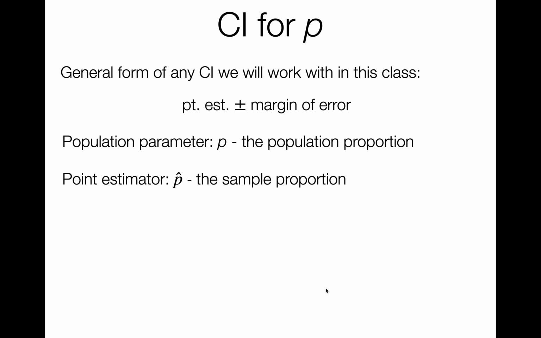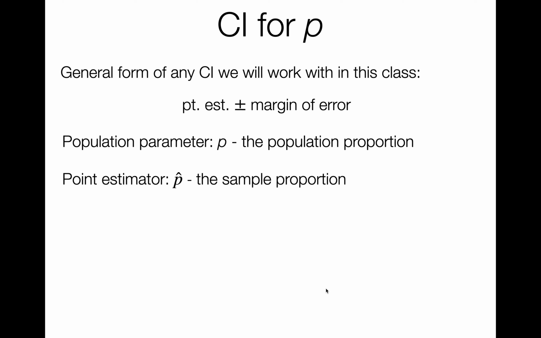The point estimator that we're going to use to estimate P, the population proportion, is P hat, the sample proportion. Hopefully that's pretty self-explanatory. We're going to use the sample version to help us find some information about the population version.